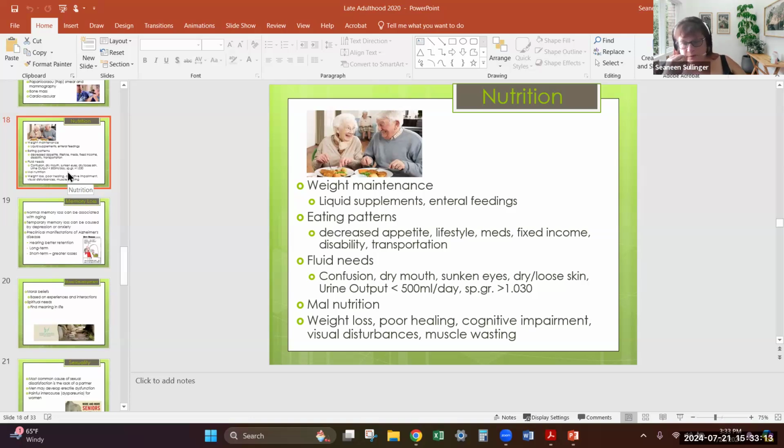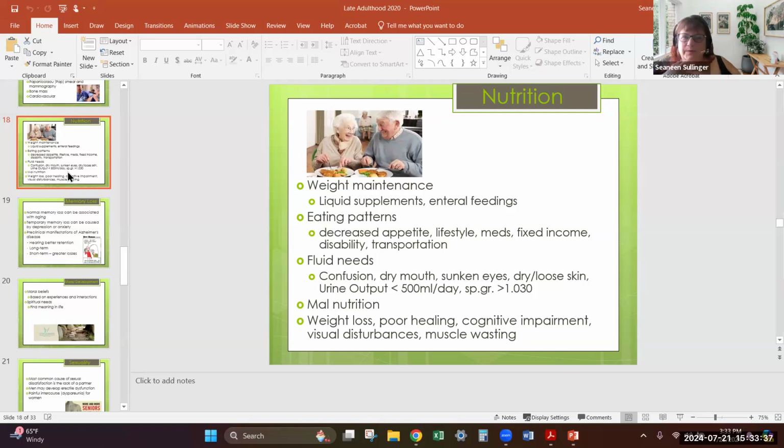Nutrition, sometimes now we need to move to liquid supplements. If the older person doesn't have great teeth, if they can't get dentures, they might need liquid supplements, or maybe even enteral feedings. They might end up with a tube in their nose, nasogastric tube, or a gastrostomy tube, because they can't swallow. Maybe their swallowing has decreased, dysphagia. They can't feel the food.